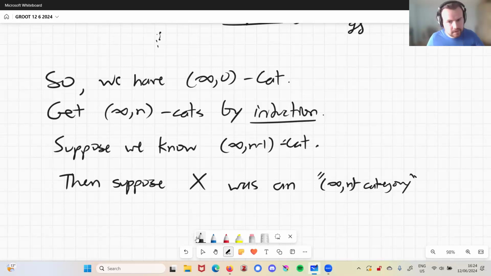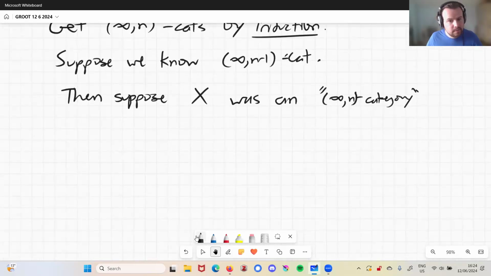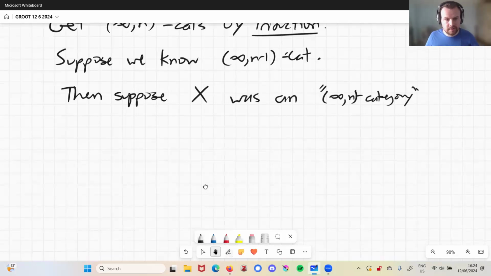Suppose we have one. Well, there's a lot of things we can expect to extract out of X. And what we're going to do is we're going to identify some structures X should have, some conditions that structure should satisfy, and then declare that actually any structure satisfying those conditions already is an infinity n category. So that's the sort of argument we're going to follow.